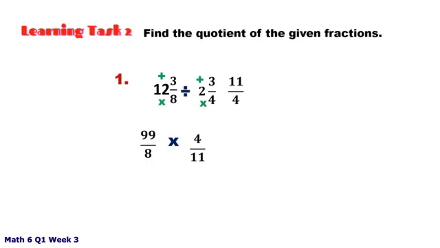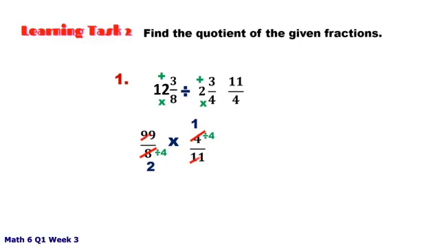Then, let us cancel 8 and 4 by dividing their common factor. The common factor is 4. 4 divided by 4 equals 1. 8 divided by 4 equals 2.